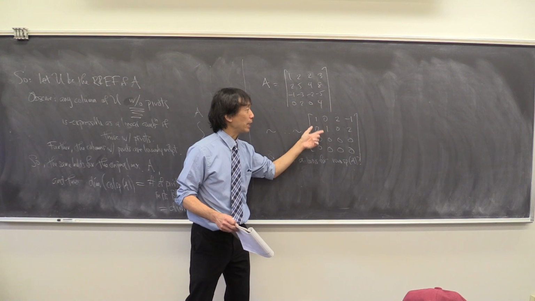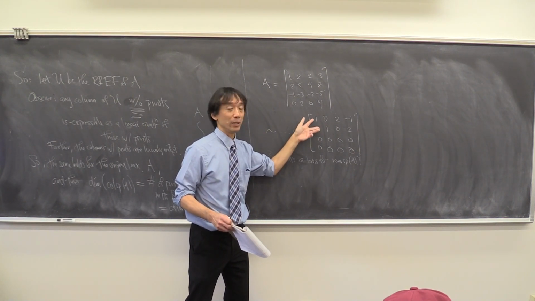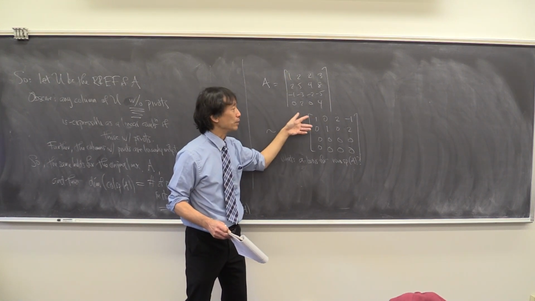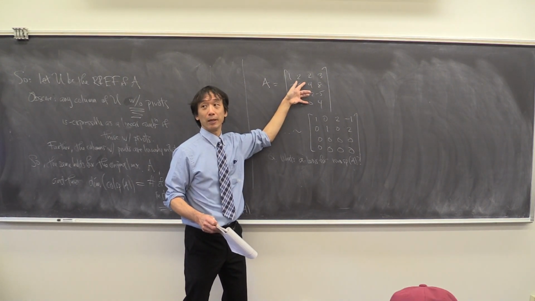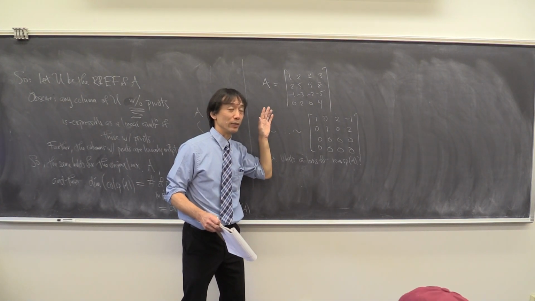And notice, these are linearly independent and have the same span as this. So these are the basis for the row space of the original matrix. Does that make sense? Ask if it's confusing. Anybody confused?